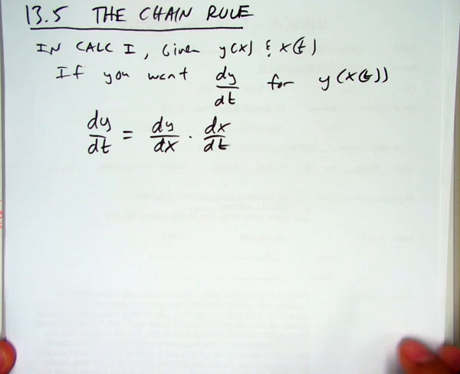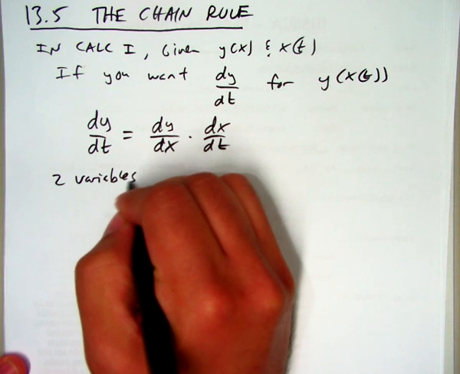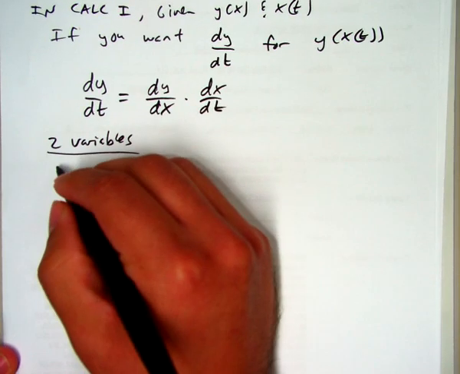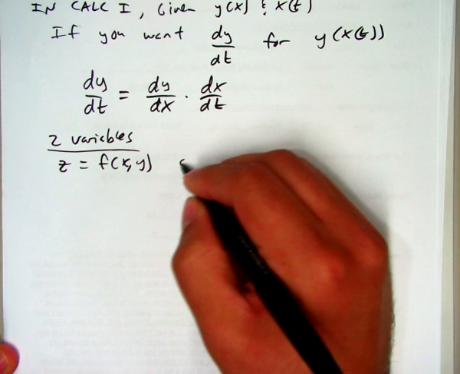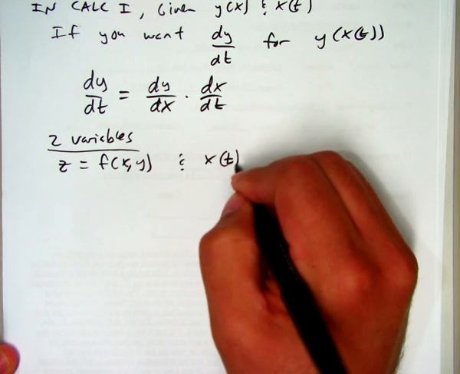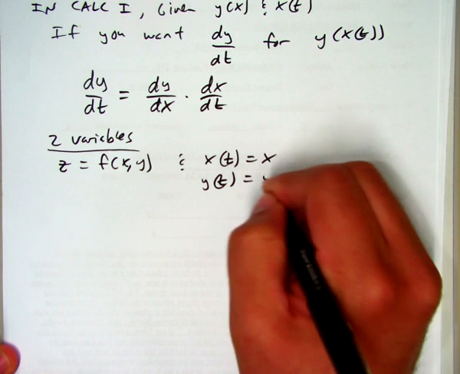Okay, so that's what it looked like in Calc 1. With two variables, now we have z equals f of x, y, and maybe x is defined in terms of t, and y of t is equal to y.